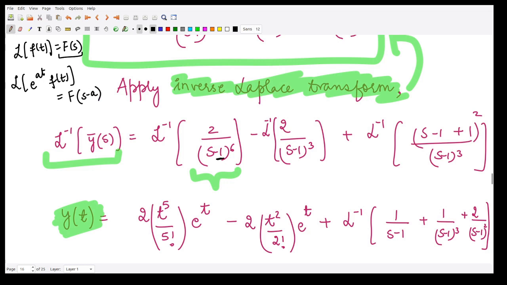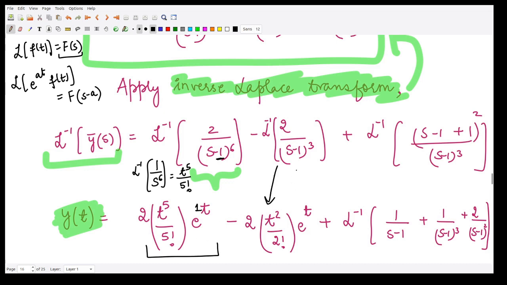Now you have minus 1 here, so that means you will obtain the value 1 here according to that, and the inverse Laplace transform of 1 over s to the power 6 is equal to t to the power 5 divided by 5 factorial. So this is how you reach this particular expression.